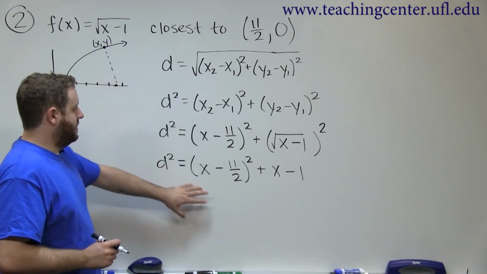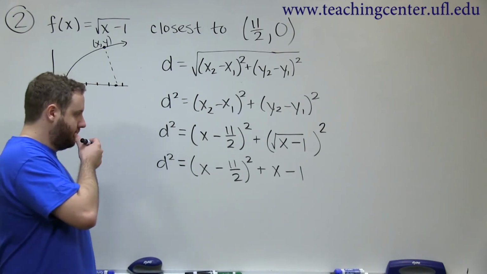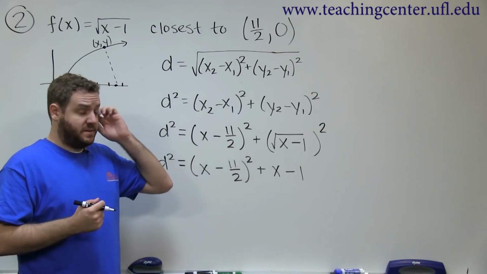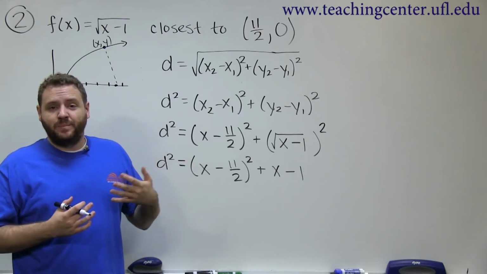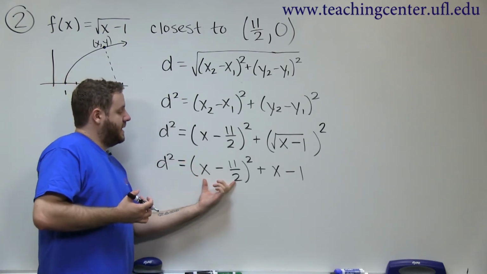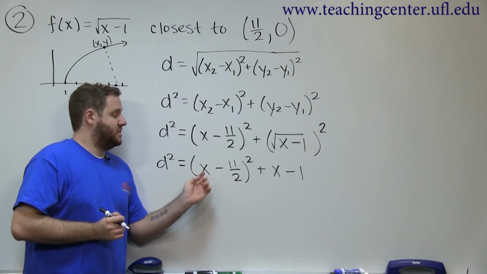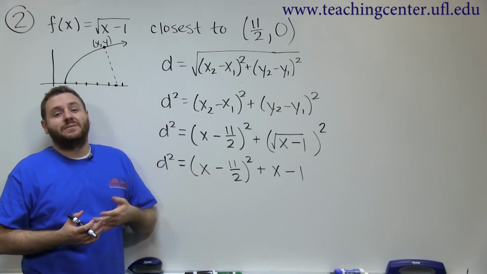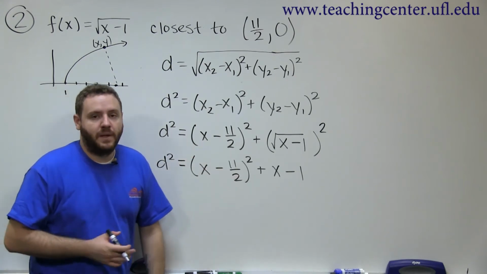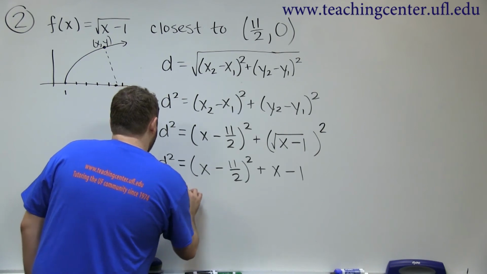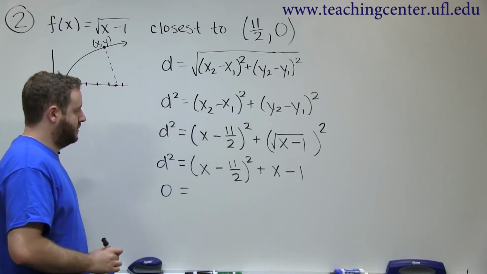So we want to take the derivative of this and set it equal to 0. The reason that I'm not expanding this is because we're taking the derivative of it anyway, and this inner part has a derivative of 1, because it's just x minus a number, so we really don't even have to use chain rule. So there's no point in expanding all of that. We'll just take the derivative now, and we want the derivative to equal 0.